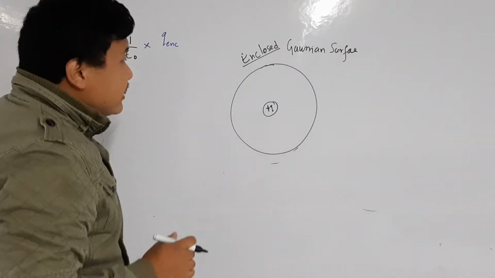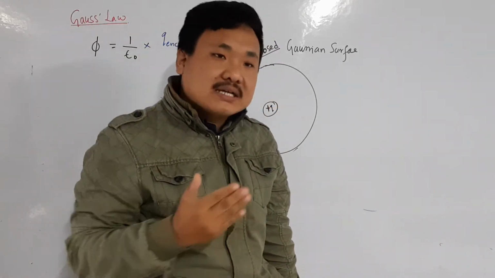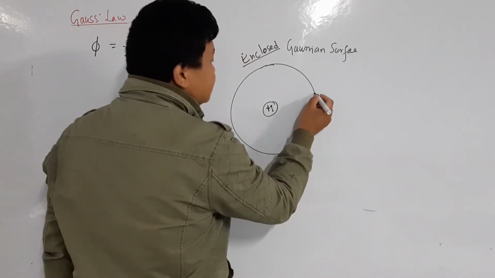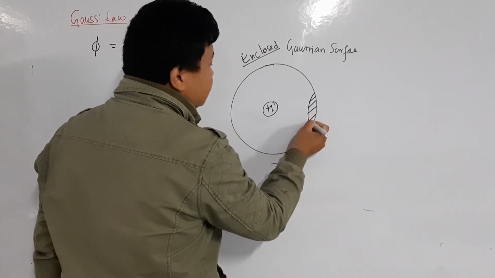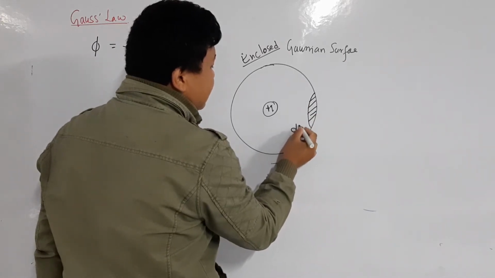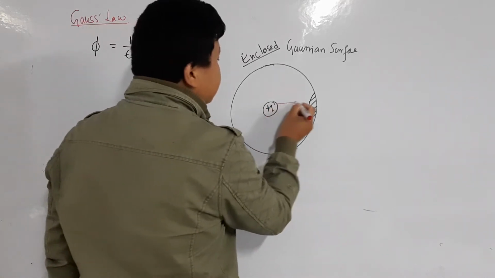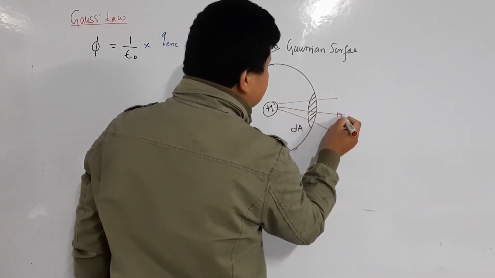Now electric flux, you know, is the number of electric field lines passing through a particular surface. For example, if I consider a small area dA here, there are so many electric field lines passing from this charge.